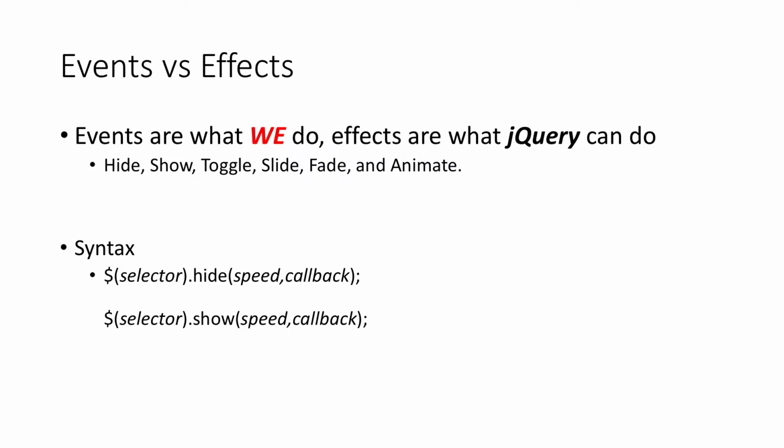One of the things you're just going to have to work on is our syntax. There are events for this part, and there's also effects we can have. All right. So some of the things that we can do with jQuery, we can hide, we can show, we can toggle. Some of you used the toggle in your JavaScript homework, which is relatively newer.